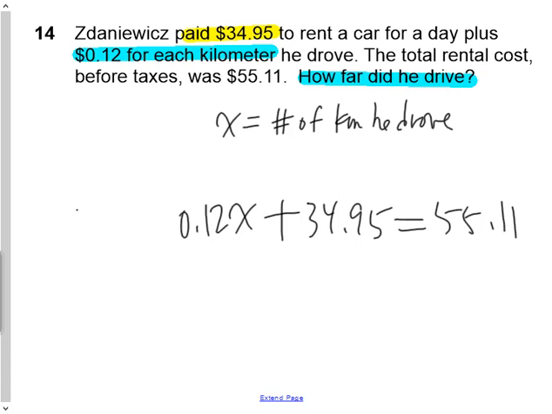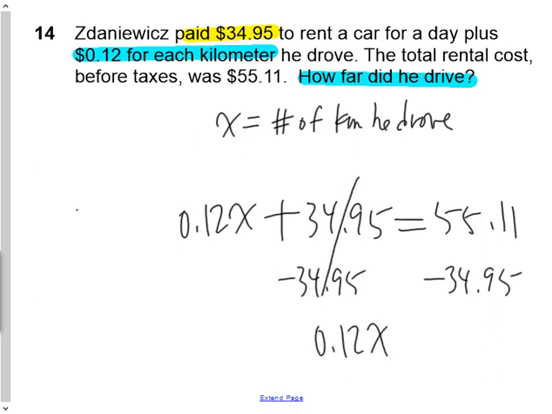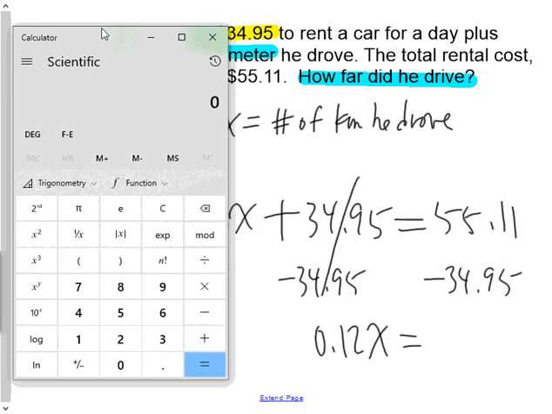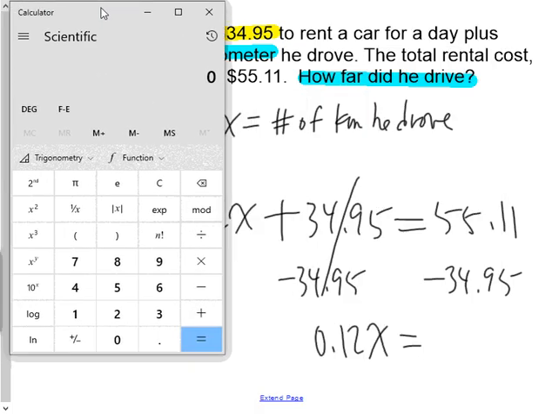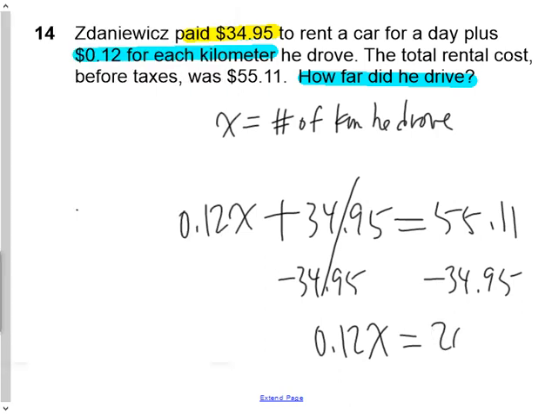First thing we're going to do is subtract the cost of the car, the rental fee, and the 12 cents per kilometer is going to equal... Murphy's Law says wherever I'm writing, the calculator will cover it. 55.11 take away 34.95 is $20.16. So that's the cost that was added on for his mileage.